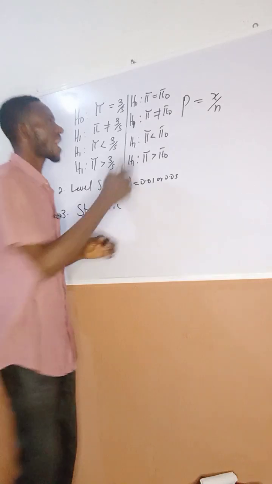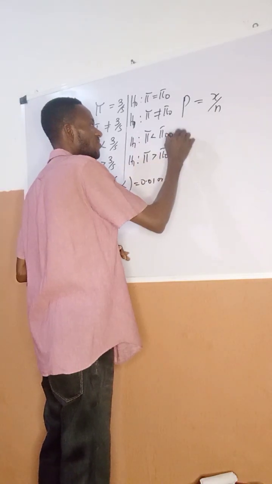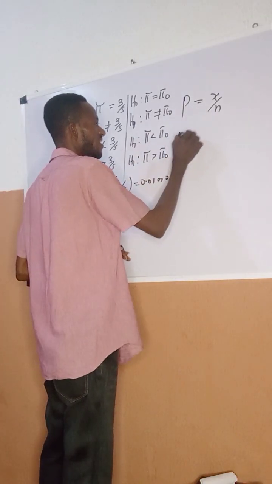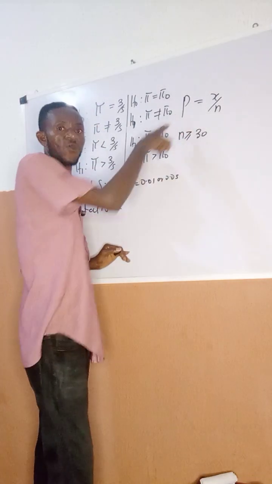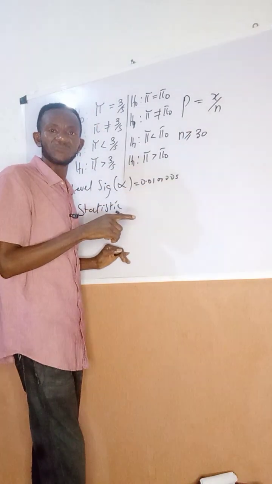And we are told that when this N is large, which in statistics is N greater than or equal to 30, this P follows a normal distribution.